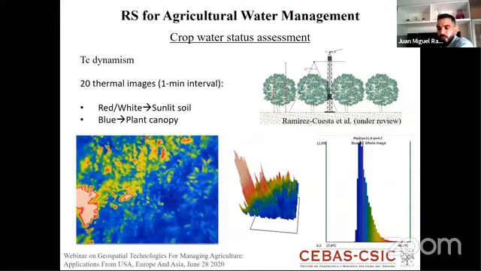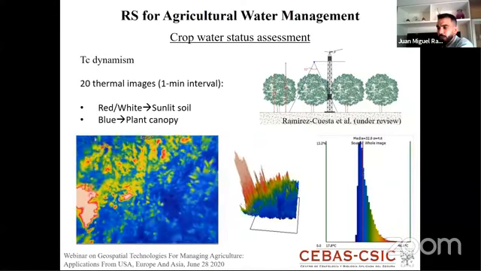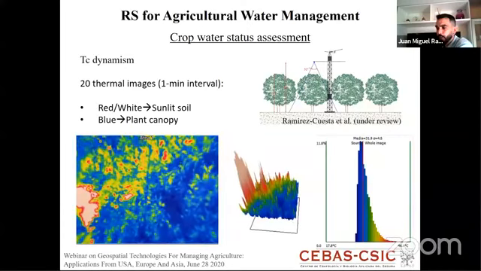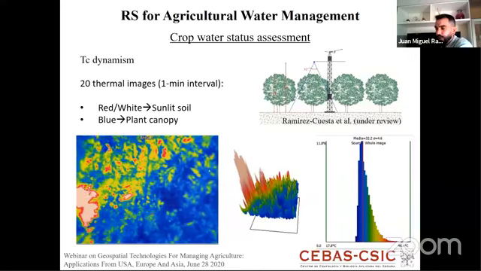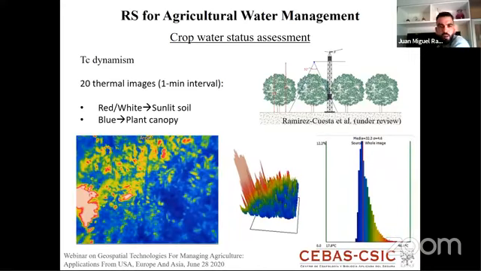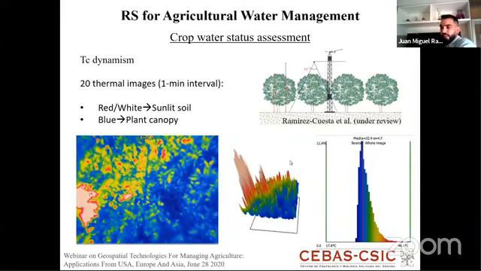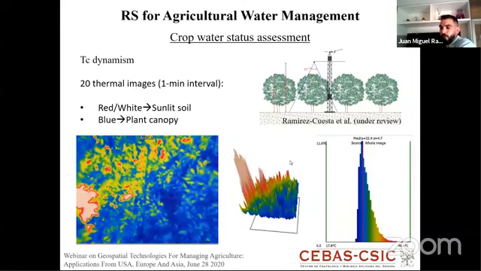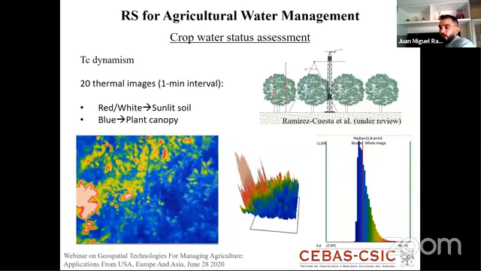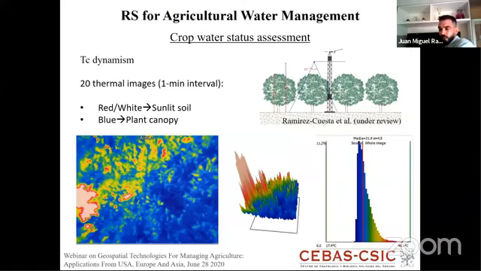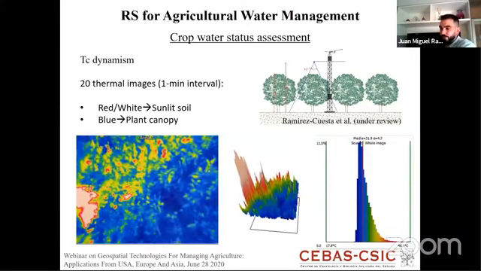The left side of the image, in reddish and white colors, represents the sunlit soil between the tree rows, whereas the blue color reflects the tree canopy. Thus, analyzing the histogram, it can be observed that even for this small period of time of 1 minute, the average temperature experienced a variation of almost 1 Kelvin.